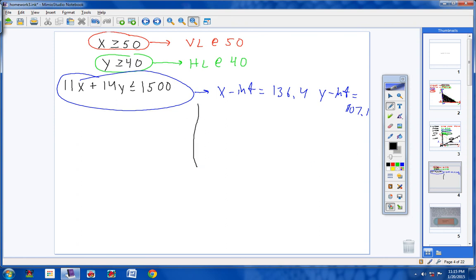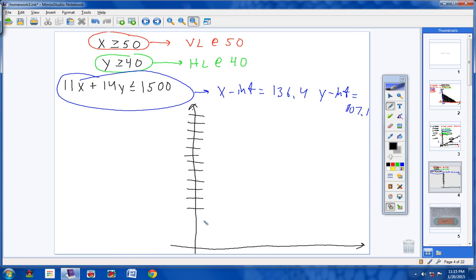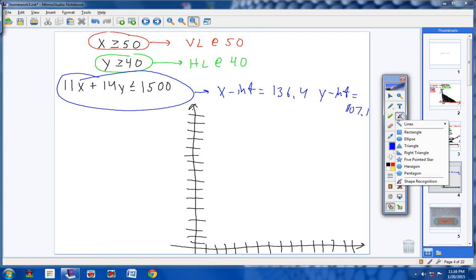So let's go ahead and start with our red line first here. Our red line is going to be a vertical line through 50: 10, 20, 30, 40, 50. So right here.